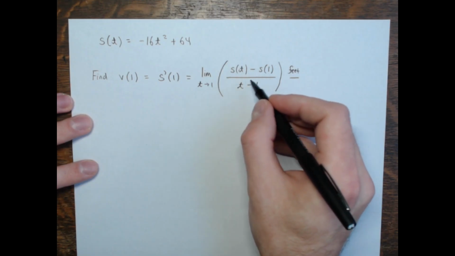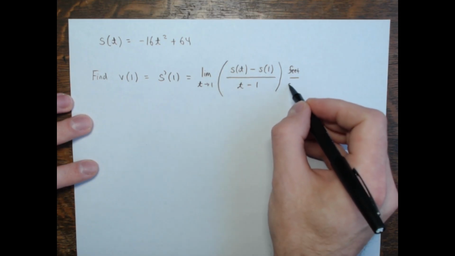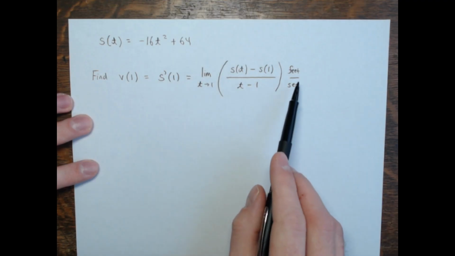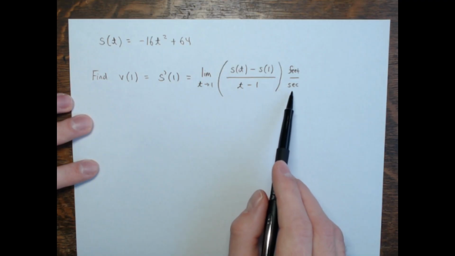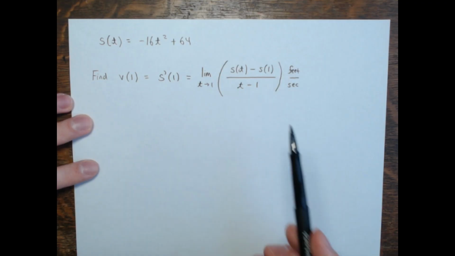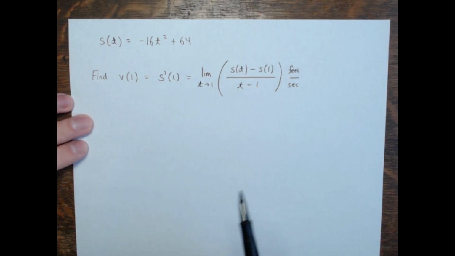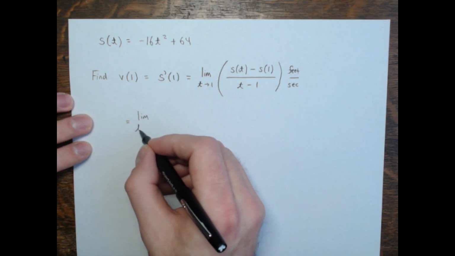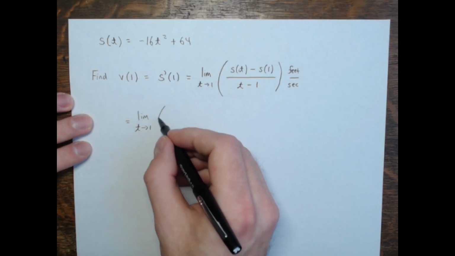This should be in feet per second again. Your positions are in feet, your time is in seconds. Once again, they don't have this typed in for me, and I don't think they expect it. They just want a number, but know that this should have feet per second units. So we have the limit as t approaches 1.